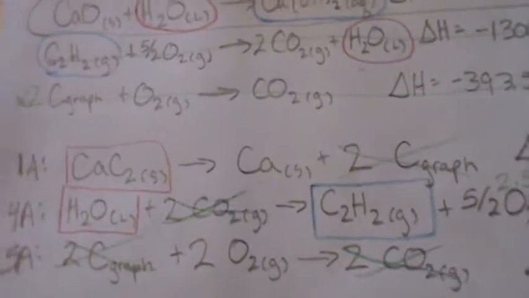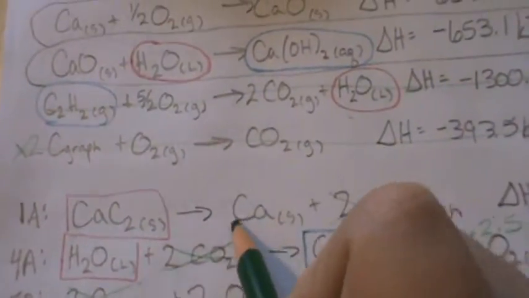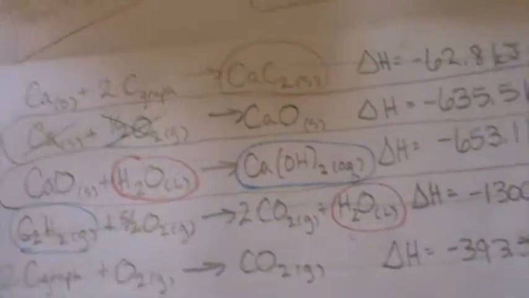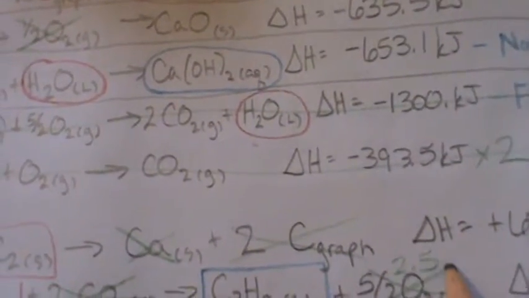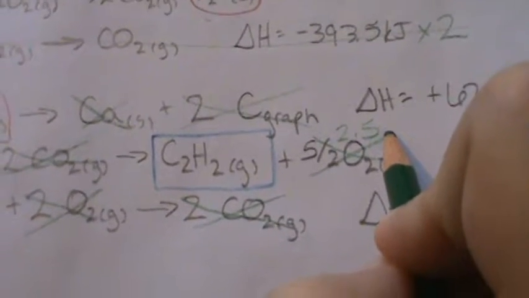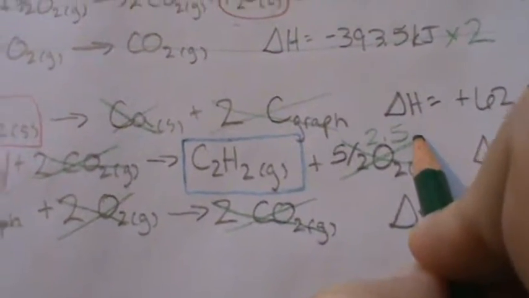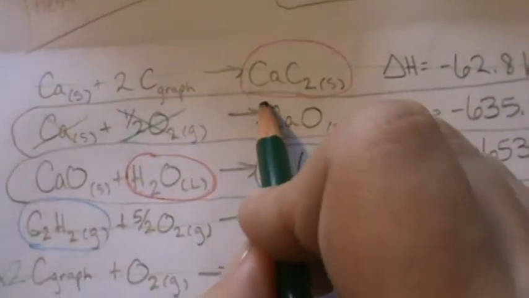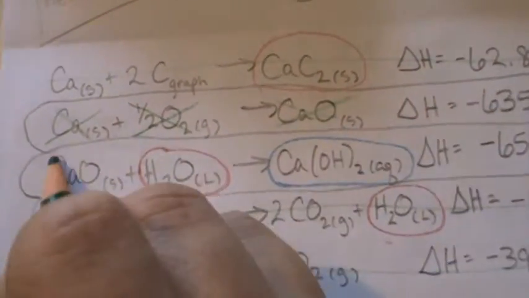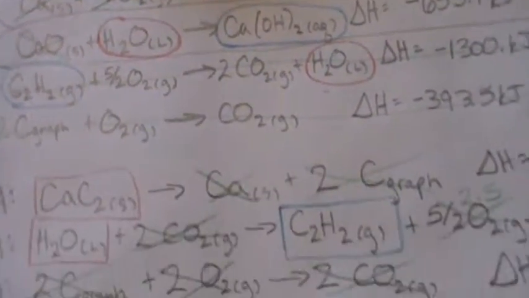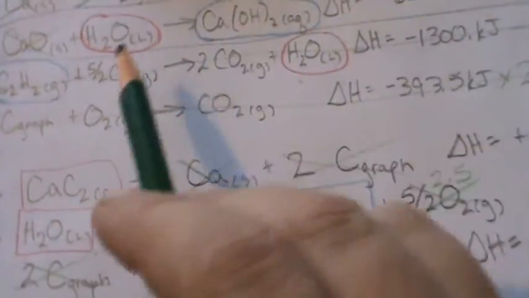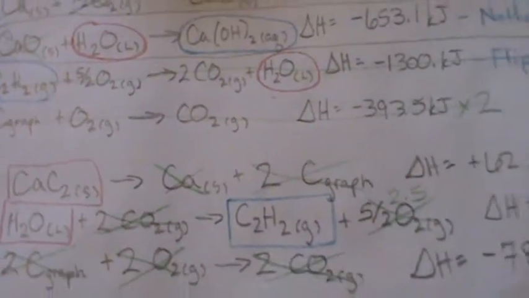Again, let me go through that to show you. I have a calcium here that gets canceled with a calcium here. I have 2 O2 and a half of an O2 that cancel against my 5 halves O2 here. And then I come back up here and I have the calcium oxide here that cancels with the calcium oxide there. I have canceled everything that I need to cancel and done everything that I need to do.